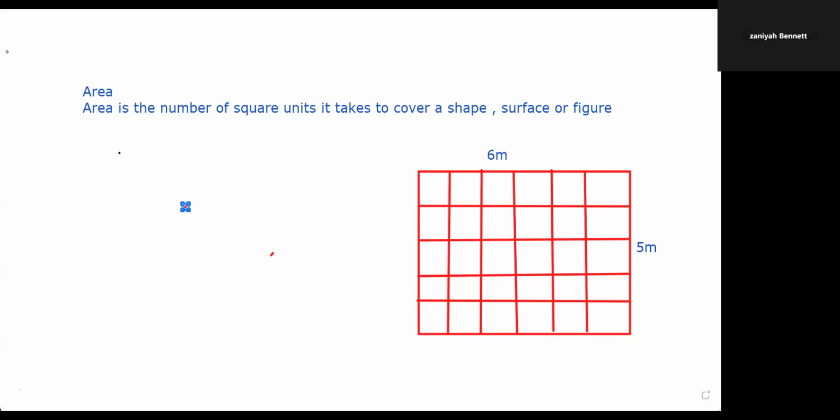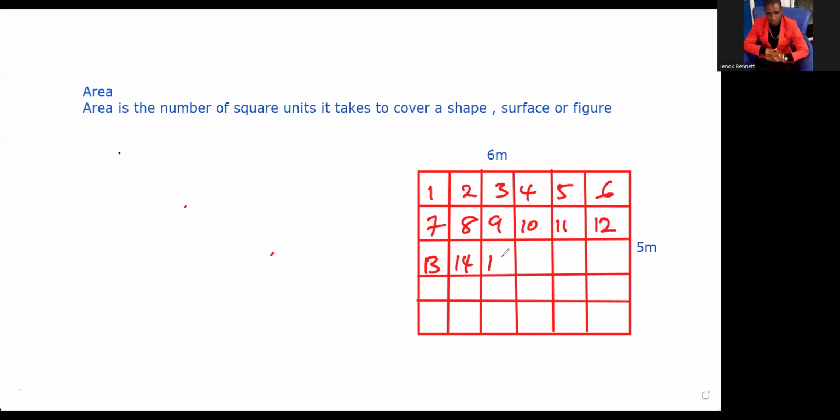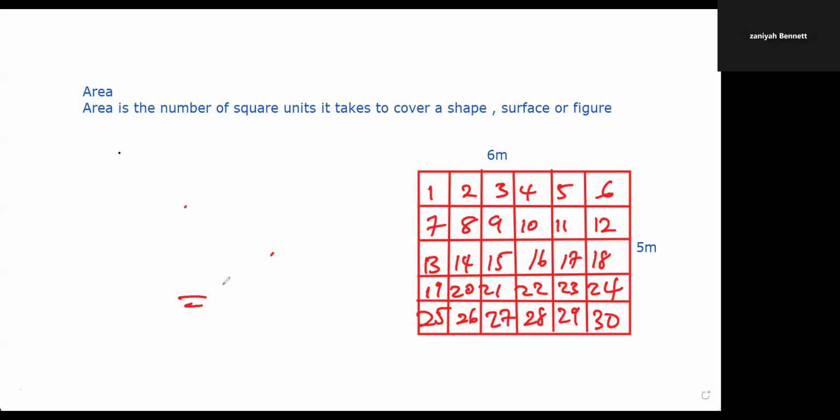Then you're going to count it. 24. What's the answer? The answer is 30 meters.